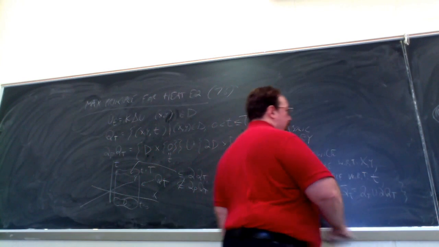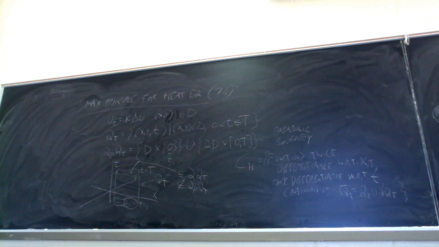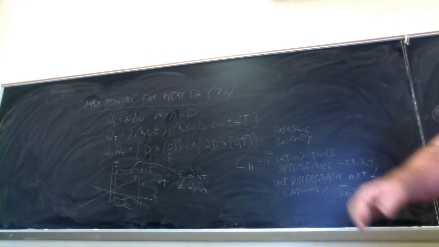And for that, we'd like to proceed in a similar way as with Laplace's or Poisson's equation and have some sort of maximum principle. But in order to get uniqueness, we need to prove some preliminary results first.